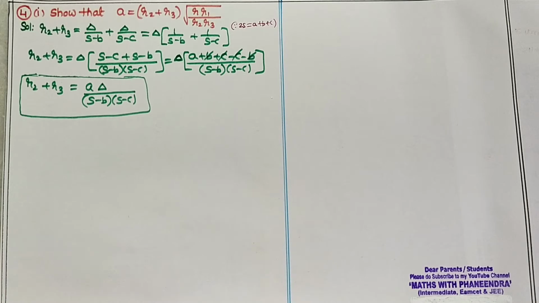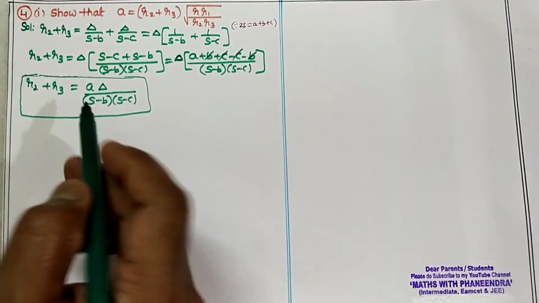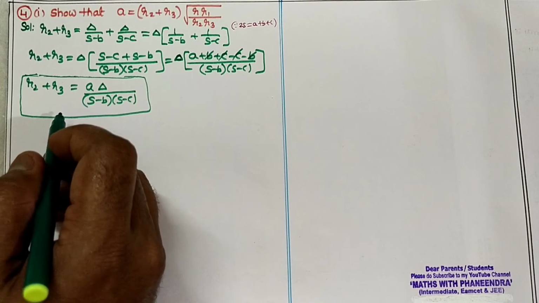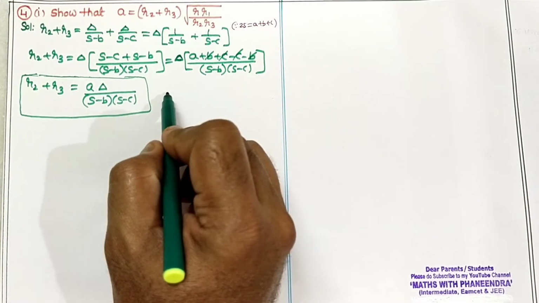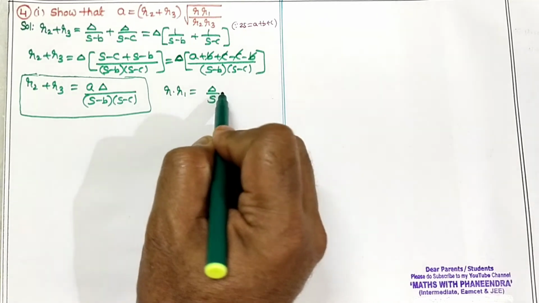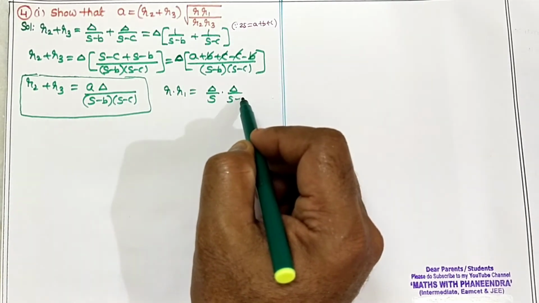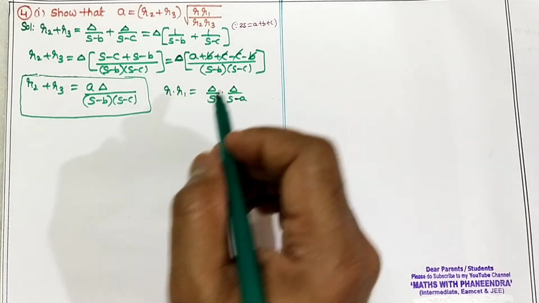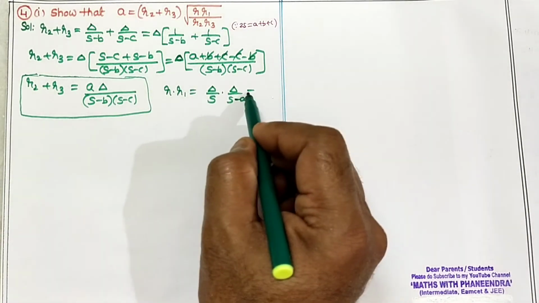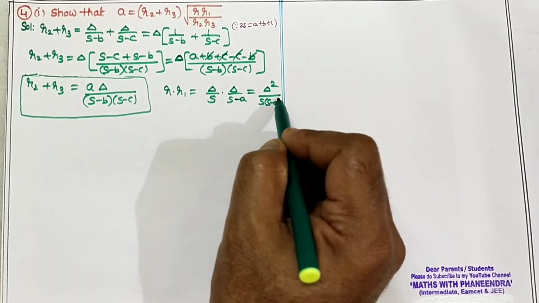So now, after getting the value of r2 plus r3, one by one we will take that. In the numerator value r1 I am taking now. So now r into r1. r value is delta by s into r1 is delta by s minus a. So therefore the value of this one is delta square divided by s into s minus a.